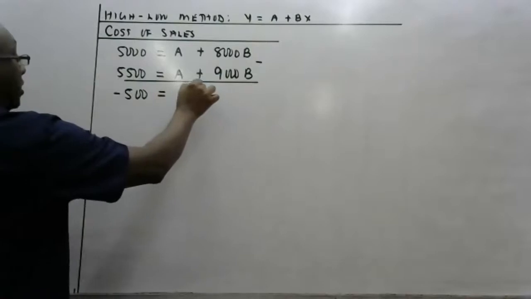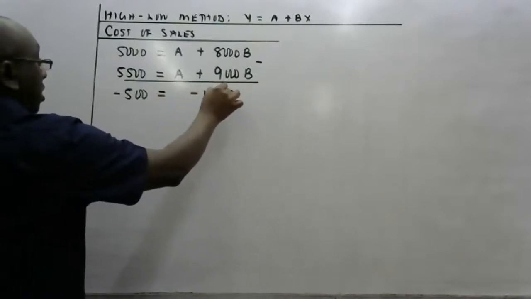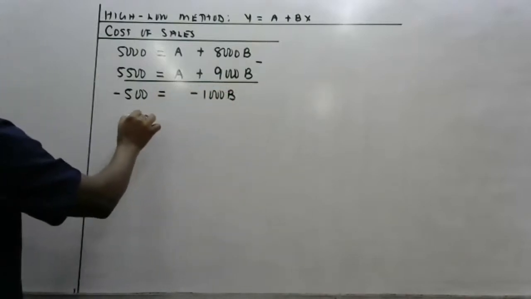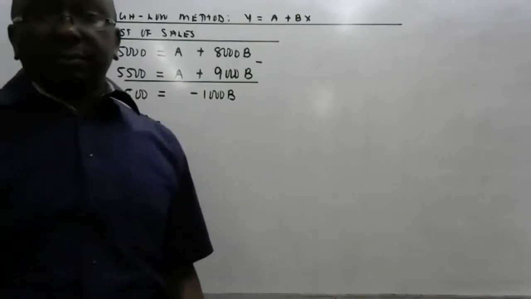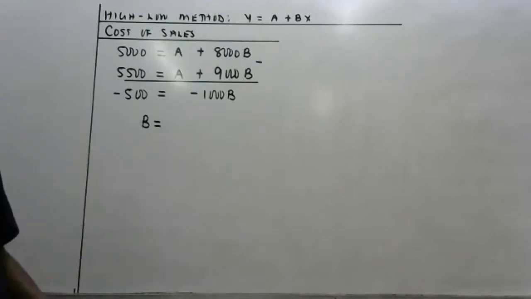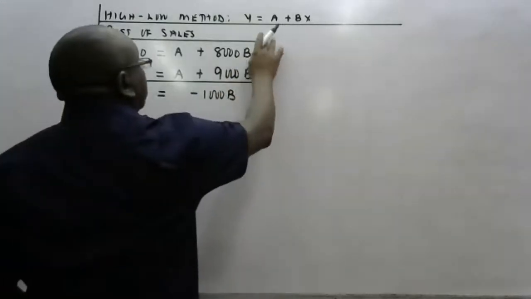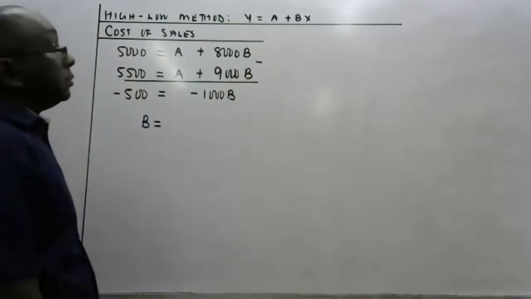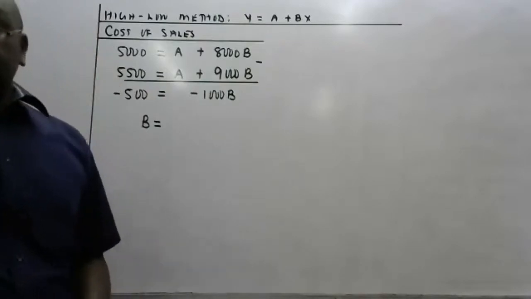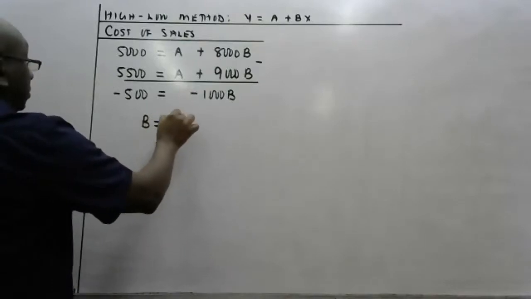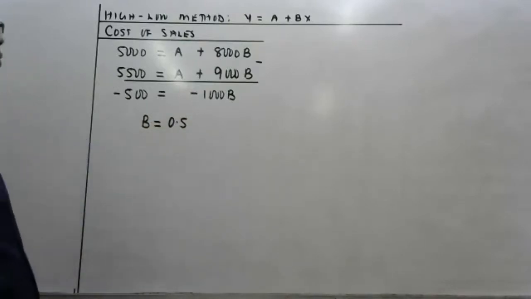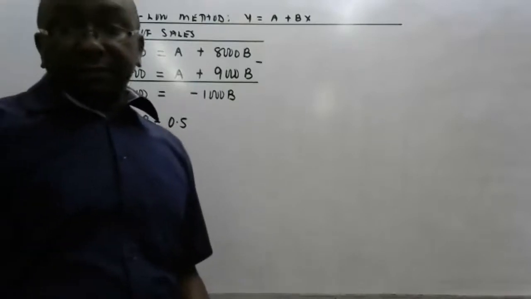This will be minus 1,000 B. So from there, give me B. 0.5.